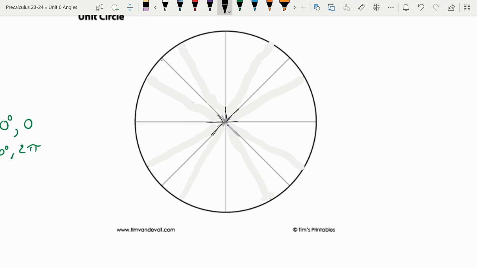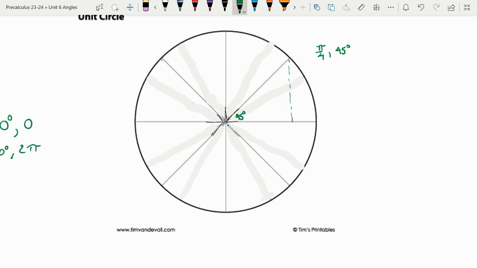Yeah. Pi over 4, correct? This is going to be pi over 4. What is halfway between 90 degrees and 0 degrees? Oh, so this is a 45-degree angle down here.